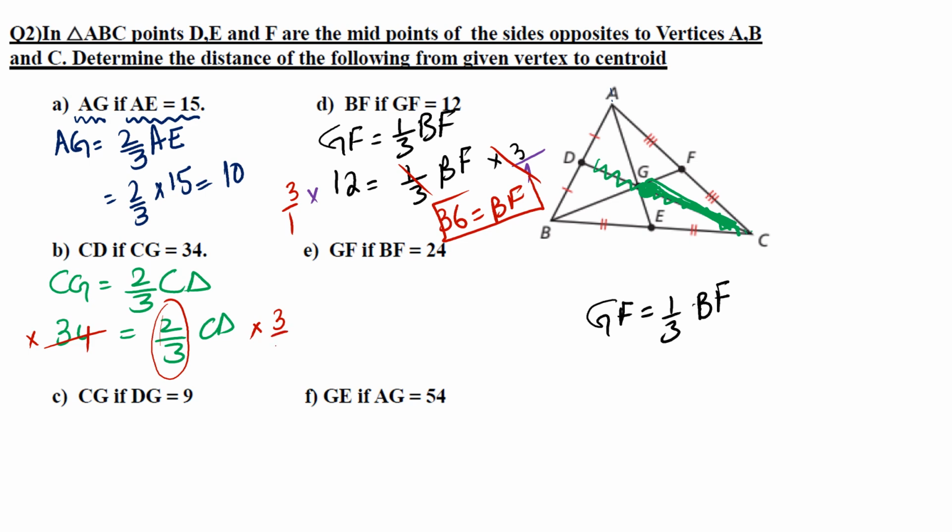So it will be 3 by 2 here and 3 by 2 here. So 3 by 2 and 2 by 3 cancel. Now 3 by 2 times 34. So it will be 17 times 3. 1, 2, 3, 1, 5. 51. So CD is equal to 51. I will write here CD equals 51.